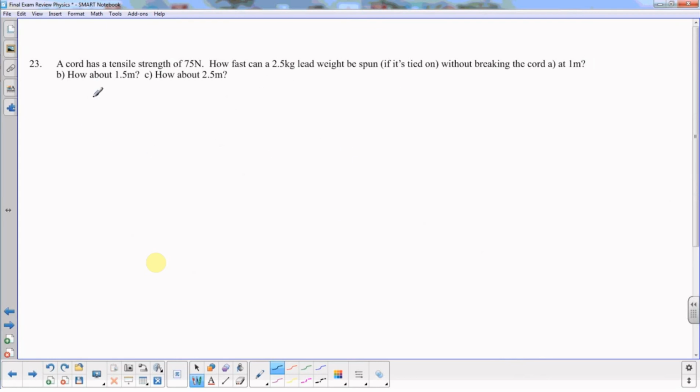This is another problem just like that, except now we're dealing with tensile strength. So how much can string handle? We're still dealing with circles, centripetal force, but now we're dealing with tensile strength. So according to a tensile strength of 75 newtons, how fast can a 2.5 kilogram lead weight be spun without breaking the cord at 1 meter, 1.5 meters, and 2.5 meters?